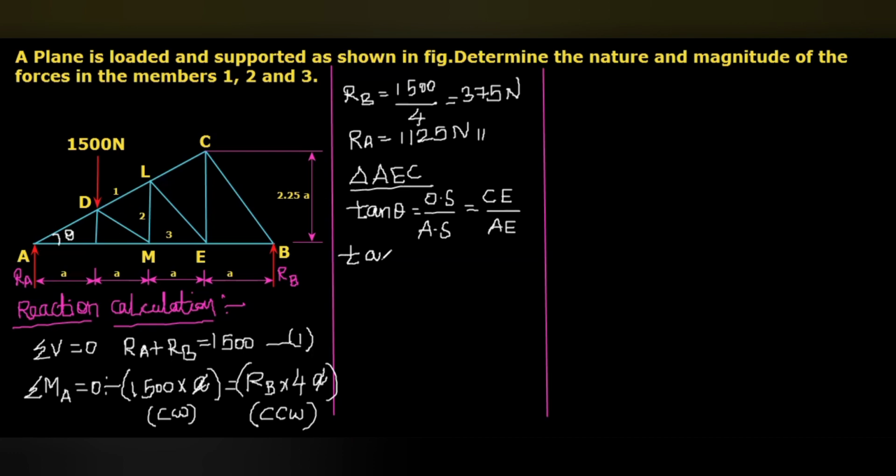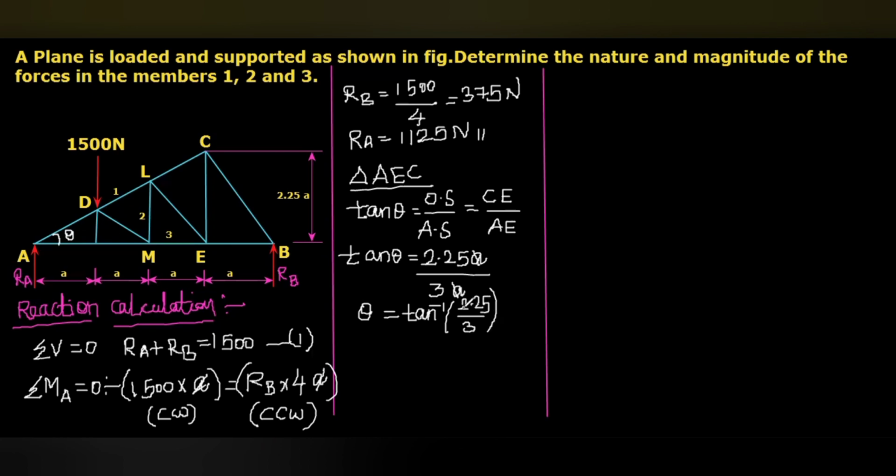So tan theta equals CE, that is 2.25A divided by AE, that is 3 times the A. So this A and A we can cancel. 2.25 divided by 3, and we have to calculate theta, that is tan inverse of 2.25 divided by 3.